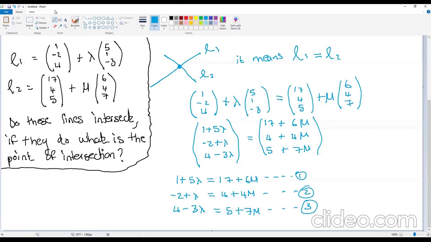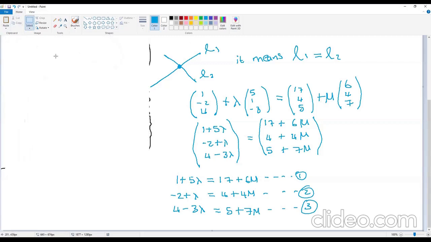So I'm gonna just erase this one here. I'm just gonna choose, in this case, which one is simple? Yeah, I'm just gonna choose 1 and 2.